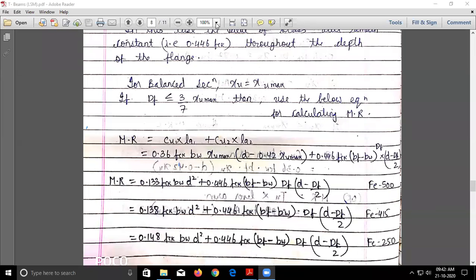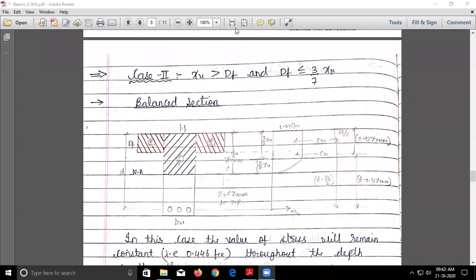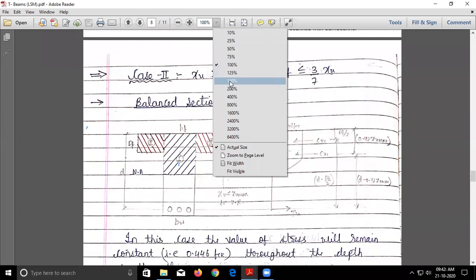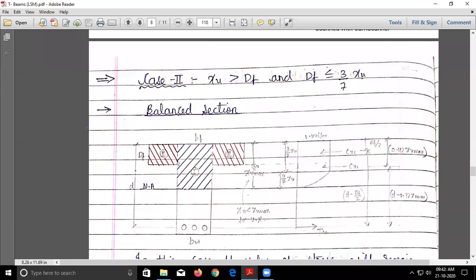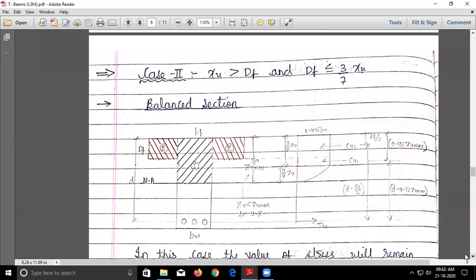Okay, which part are you talking about? You want an enlarged view of that diagram? Okay, I hope this is clear now.